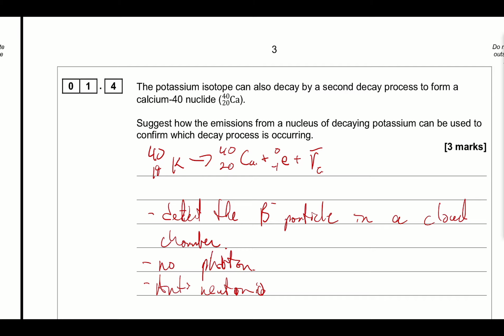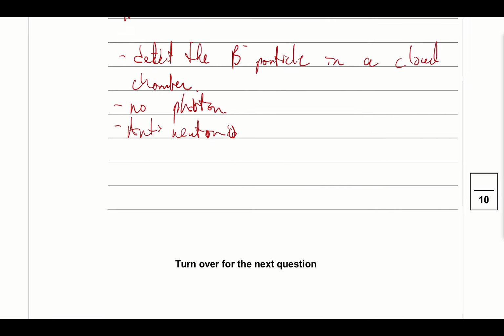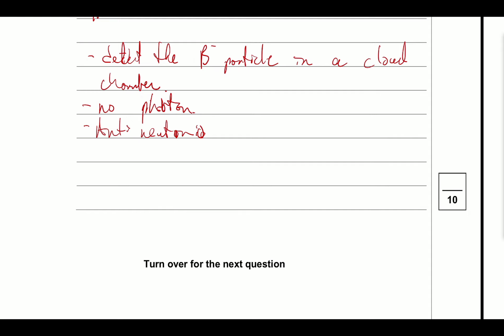Because even the way the neutrino detectors work, they're huge, and one in a trillion neutrinos is probably a high percentage of neutrinos to actually detect. Yeah, so that's the big thing that we want to see. All right, that is question 1.